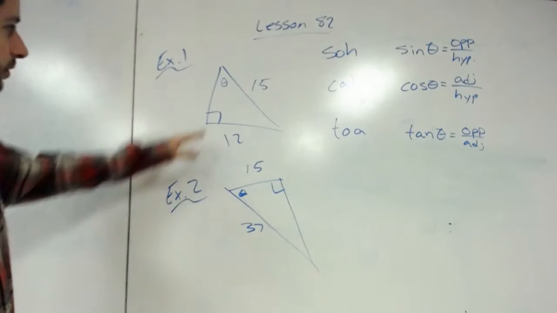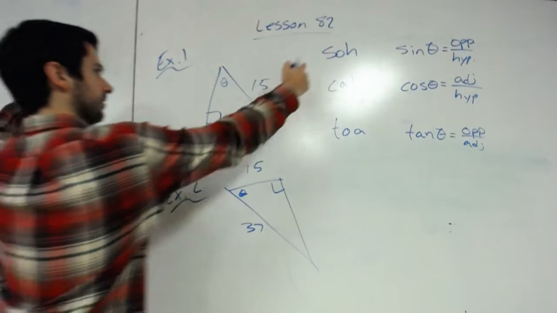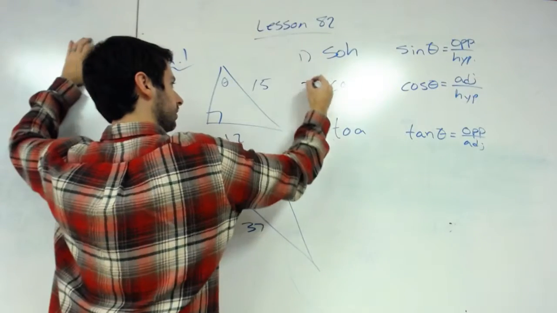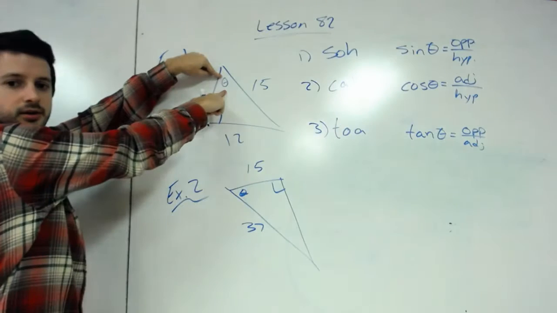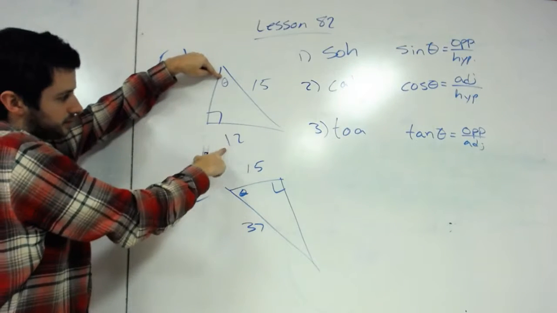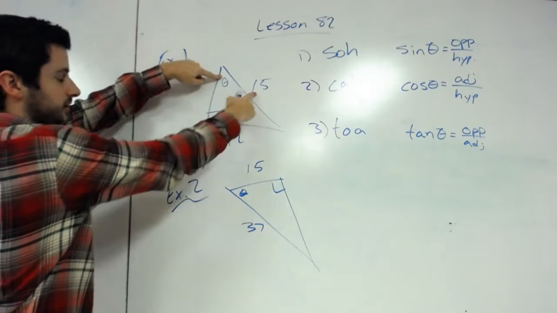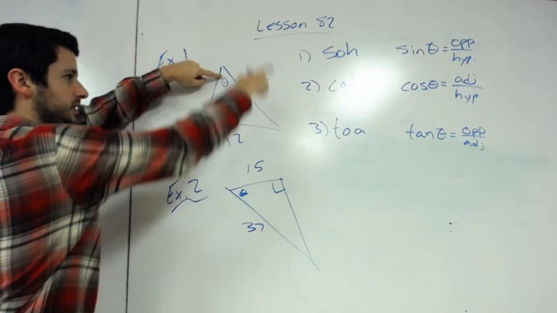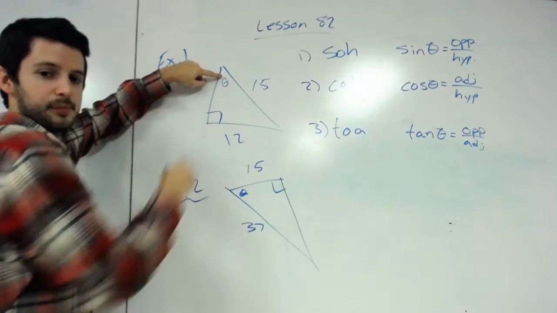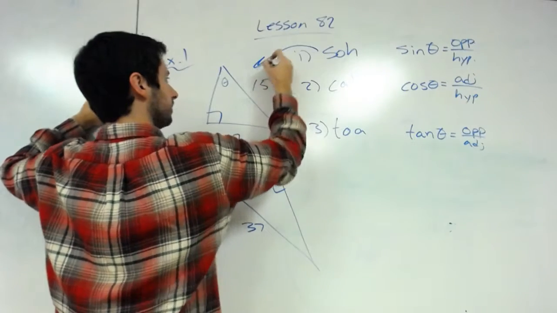So in order to find theta, which of these three uses the opposite? From theta, 12 is opposite, and notice 15 is across from the right angle, so therefore it's the hypotenuse. So which one of these three uses the opposite and hypotenuse? Well, in this case, we would use sine.